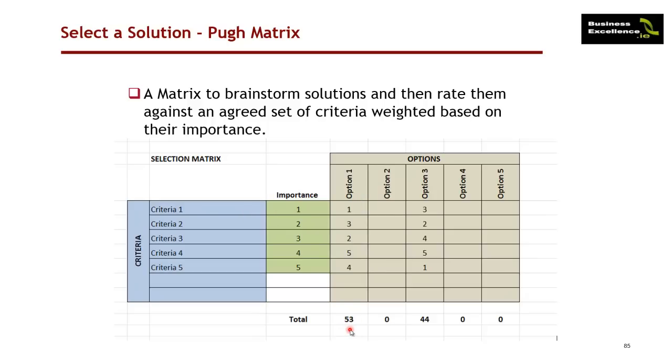So down here we have a number 53, which is calculated as follows. Multiply 1 by 1, add your answer to 3 multiplied by 2, add that to 2 multiplied by 3, add that to 5 multiplied by 4, add that to 4 multiplied by 5. So this calculation takes into account the importance rating and also the rating of that solution.